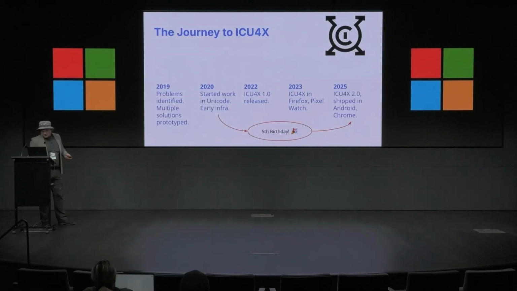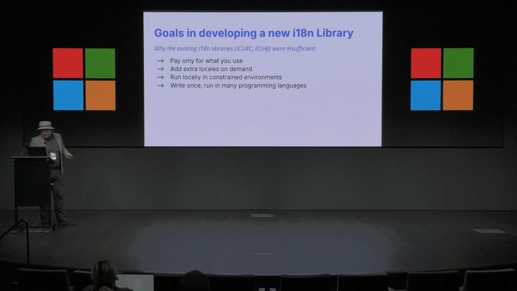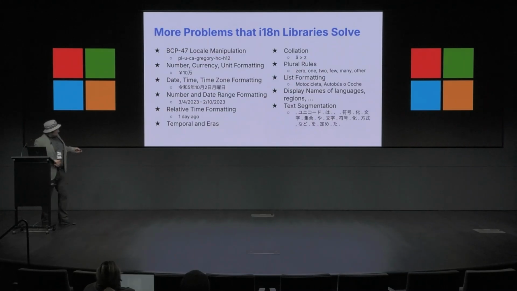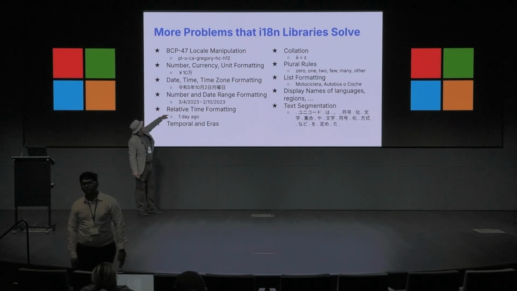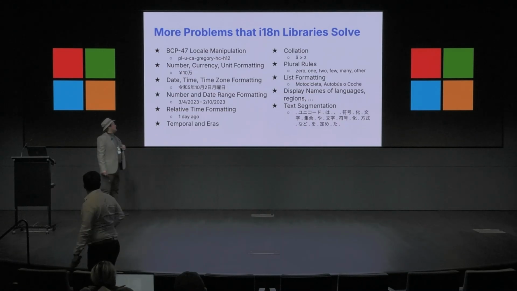Yeah, so when you format a date, maybe I can give an example of some dates. Back to the slide that has all the examples on it. Like this slide here has all these examples. This number and date range formatting has month, day, year.